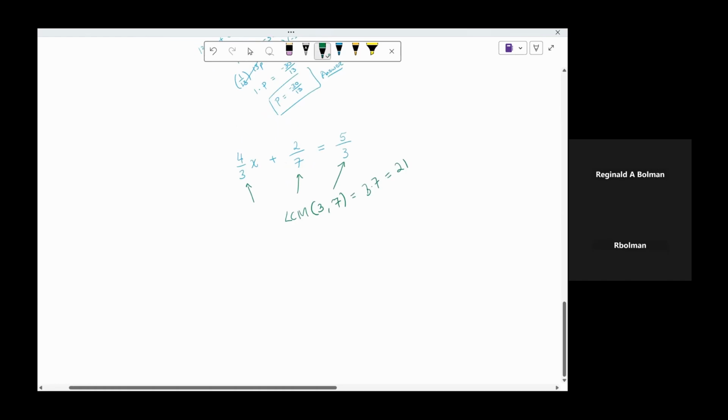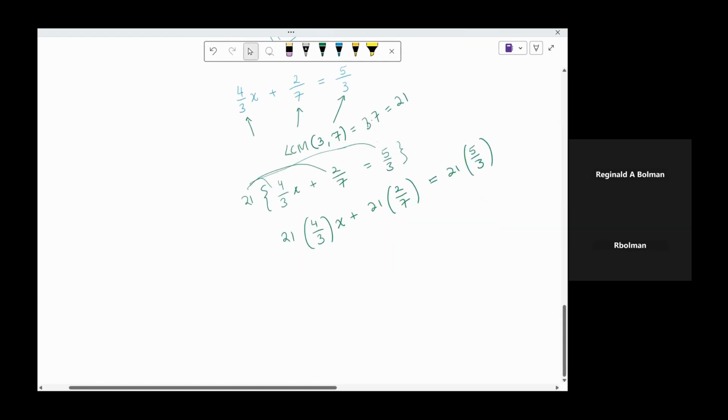So what happens here is if you take the number 21 and multiply it across this entire expression, as long as you do this very carefully, you'll have 21 times the quantity 4/3 x plus 21 times the quantity 2/7 is equal to 21 times the quantity 5/3.